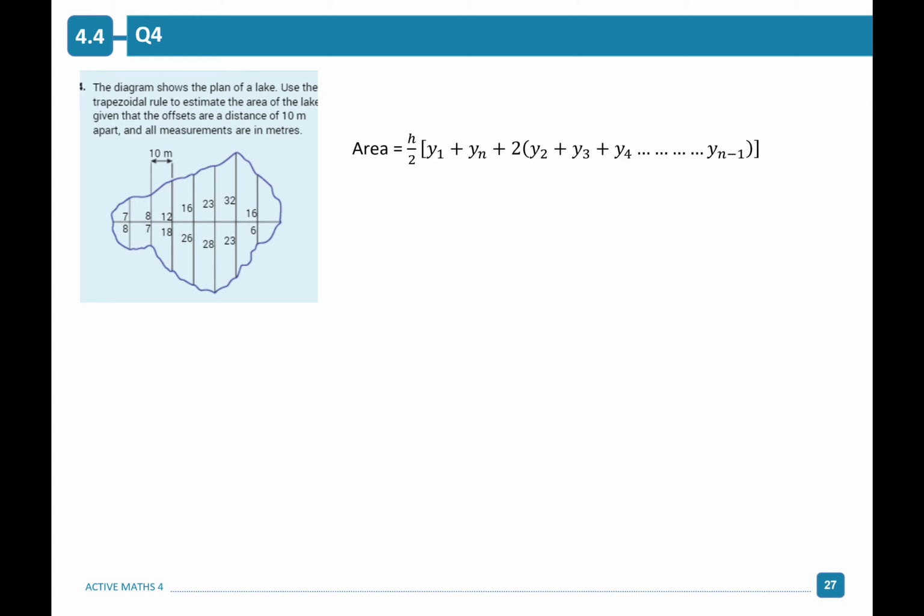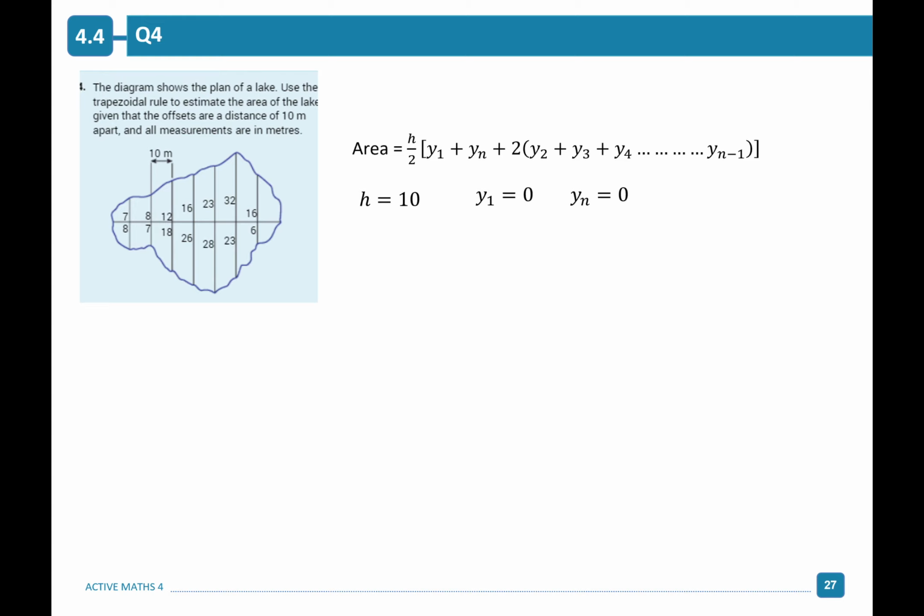Let's write down what we know. So we know that our width, h, is equal to 10. So all of our segments have a width of 10. And we can see here that y1 is equal to 0 and yn, our first and our last heights, are both equal to 0 in this case.